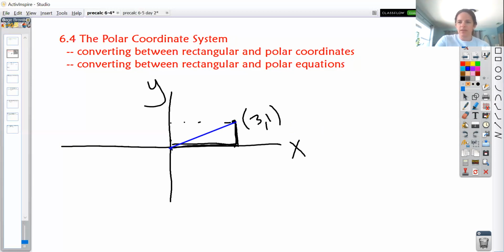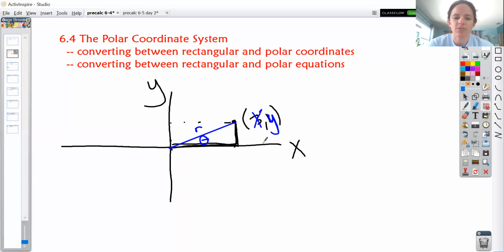So instead of giving the x and y coordinates, instead we're looking at theta, which is the angle from standard position, and what r is. And so for any coordinate (x, y), how are x, y, r, and theta related? This is something that we already did because we did it with vectors. So that's why it fits that it comes in 6.4.